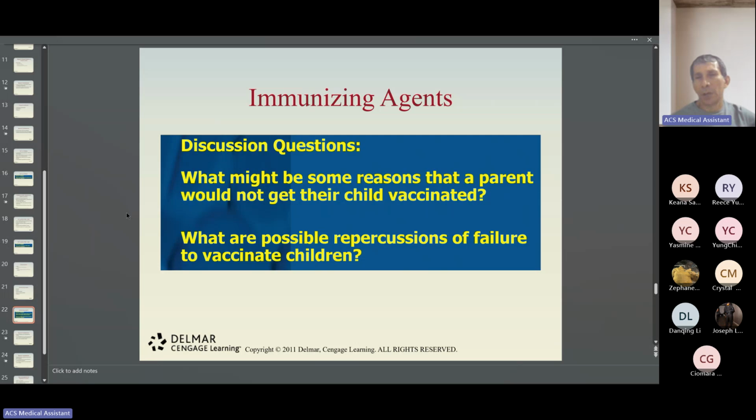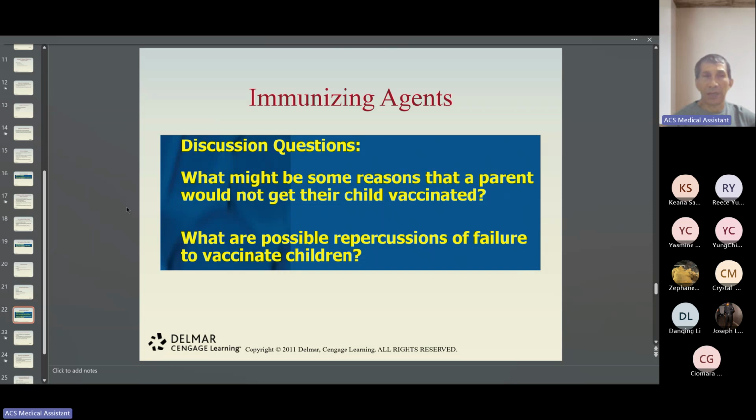What might be some reasons that a parent would not get their child vaccinated? You know that. Fake news. The misunderstanding of how the medication works, because people spread a false narrative saying that if you get the vaccines to this child, the patient is going to develop this particular condition.